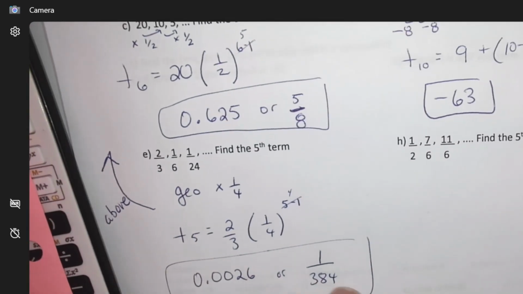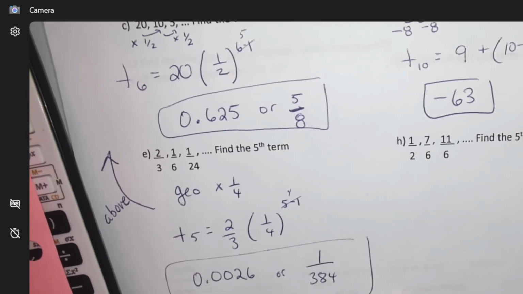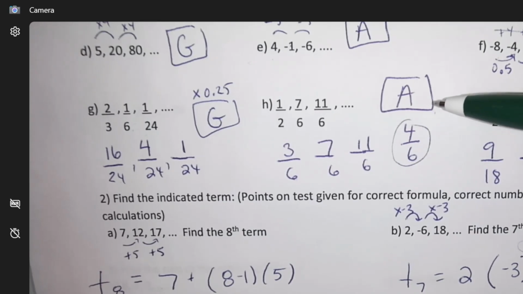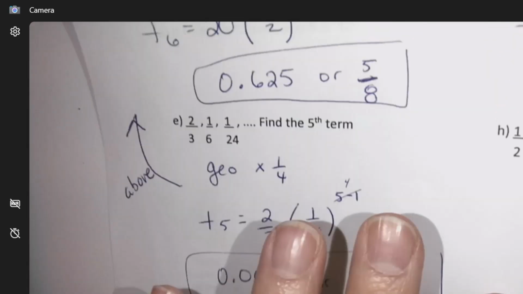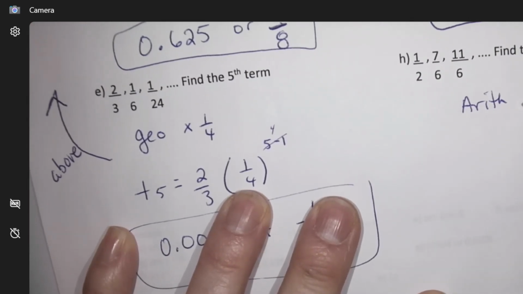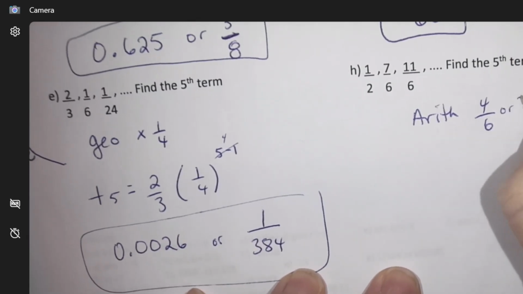Okay, this question was above as well. We did it up here. So this one, we just said it was A, and that we're doing by a 4/6. Or 2/3, I don't know, whatever you want to use.